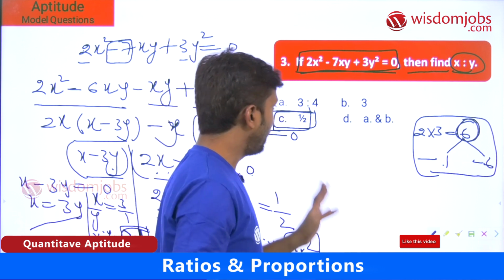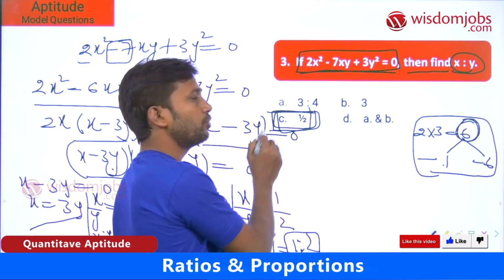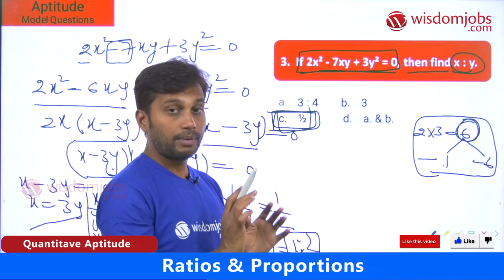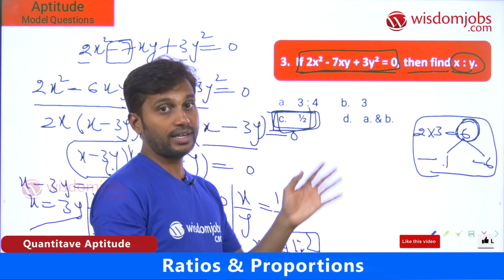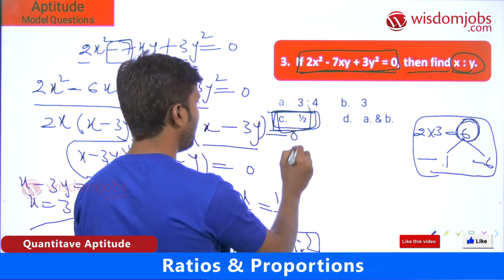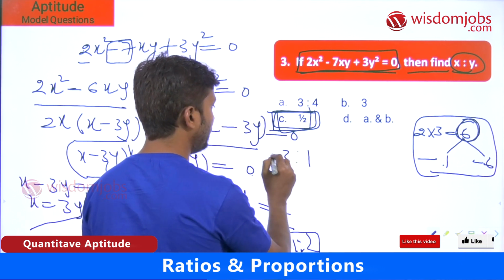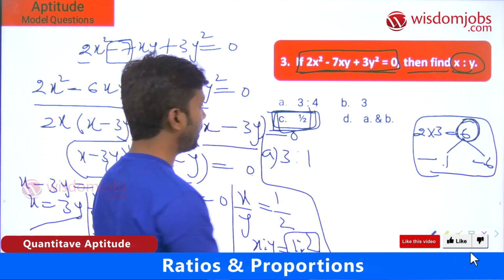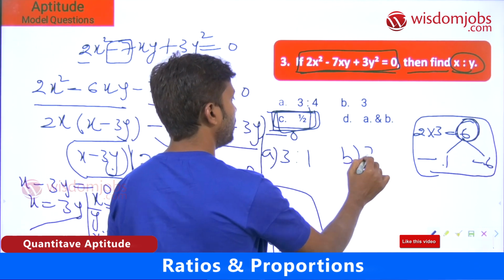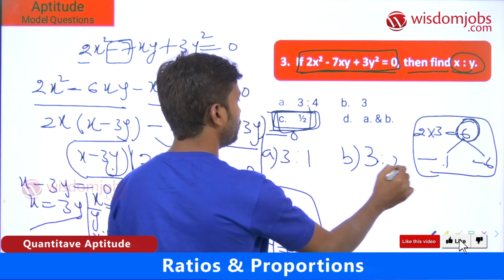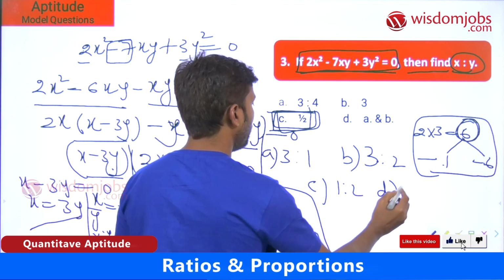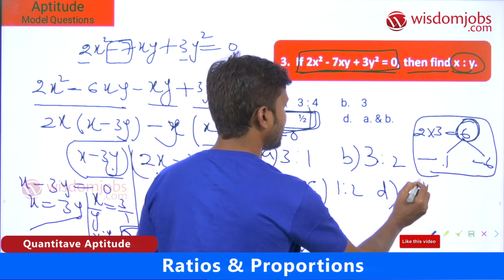If you said, according to the options, that the answer is 1:2, which is C. But suppose the options were given like this, for example: 3:1 is option A, B is 3:2, C is your 1:2, and D is both A and C.